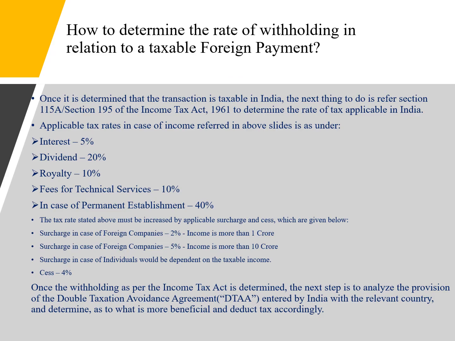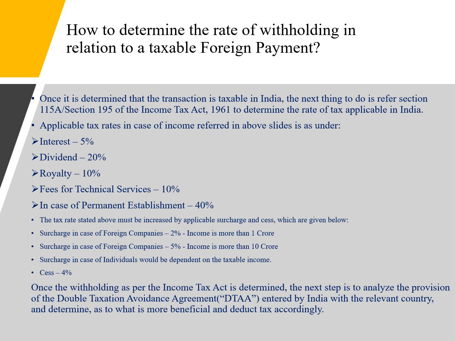Now, how to determine the rate of withholding in relation to taxable foreign payments? Once it is determined that the transaction is taxable in India, the next thing to do is refer to section 115A or section 195 of the Income Tax Act to determine the rate of tax applicable in India.